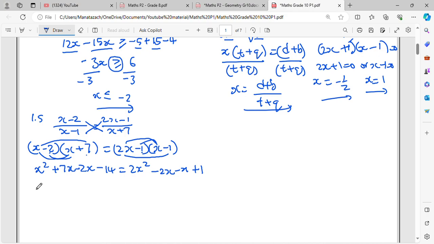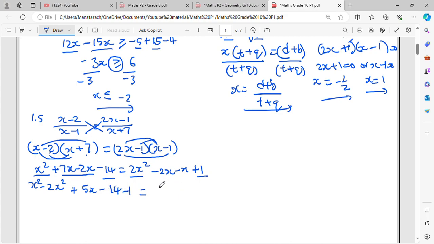And then from here we're just going to group all the like terms. And then let's just simplify this one quickly. It's going to give us 5x. Right, so and then minus 14 is going to be joined with minus 1, which is going to be negative when it comes this side.